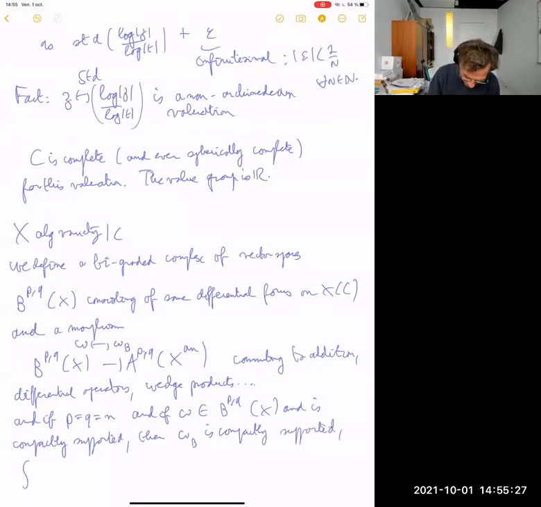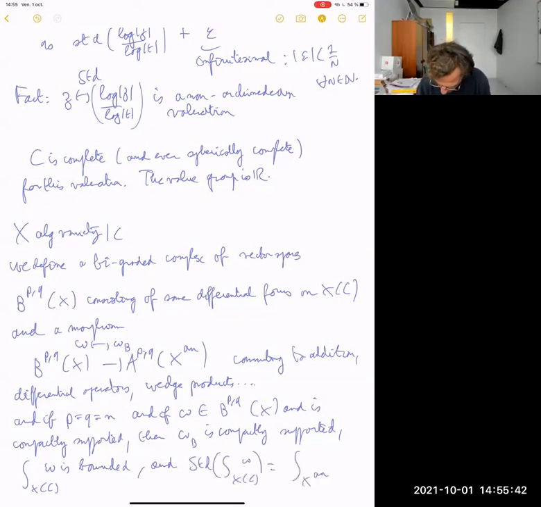The integral on X of C of omega is bounded, so it has a standard part and an infinitesimal part, and the standard part of this integral is equal to the integral of this omega Berkovich.